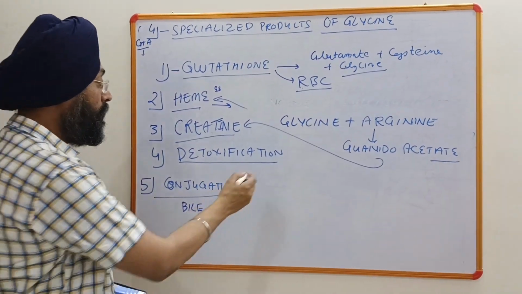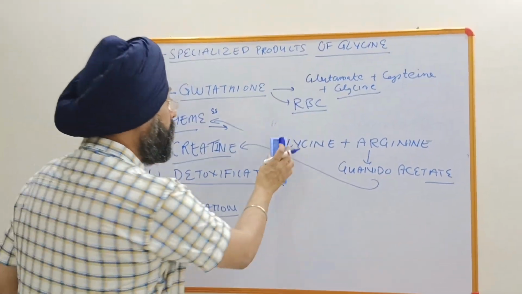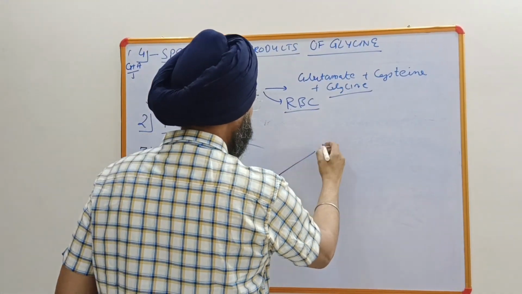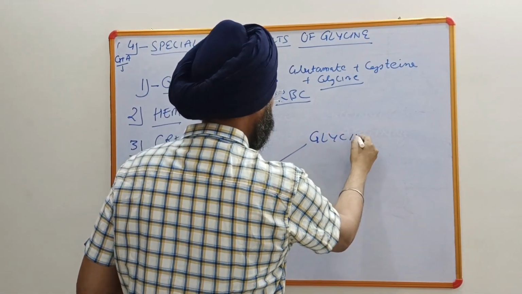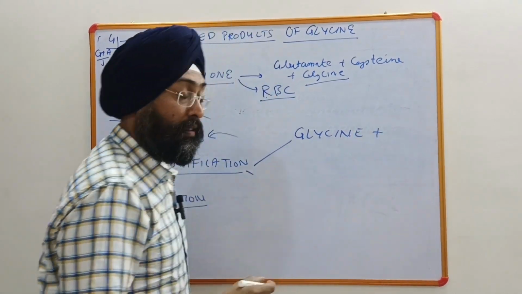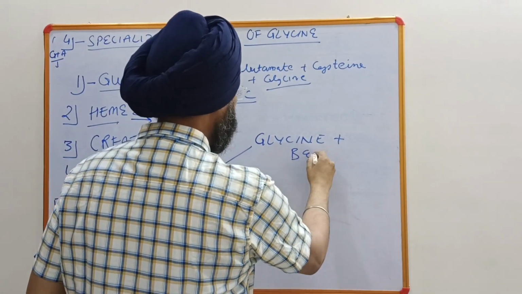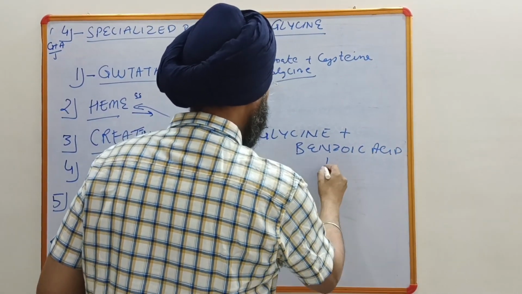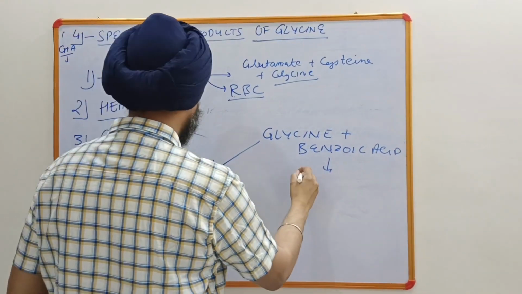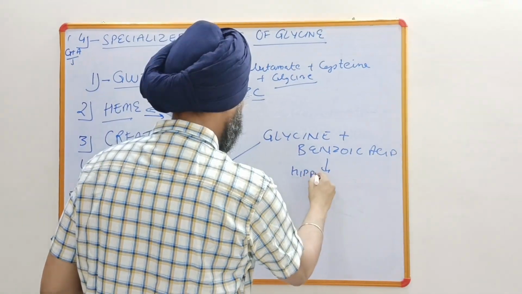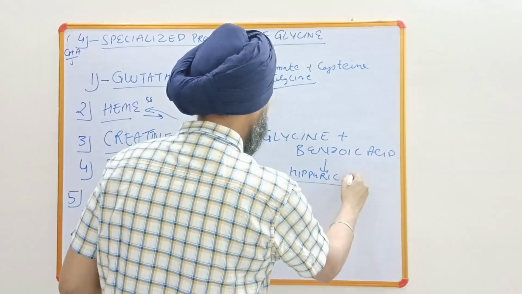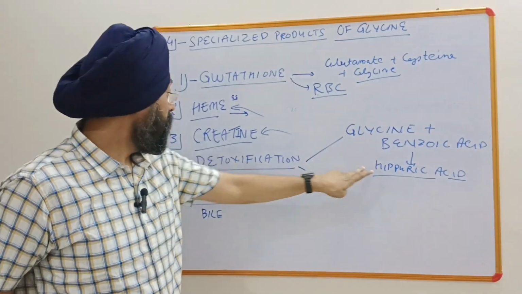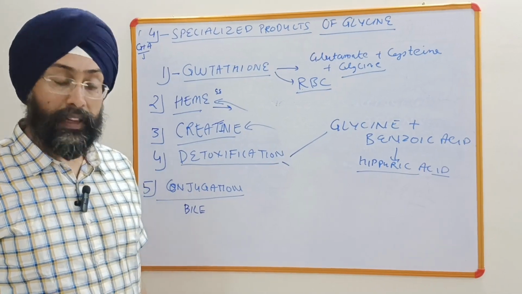Now the fourth is detoxification. Glycine along with benzoic acid will form hippuric acid. So glycine plays a role in detoxification reactions as well.